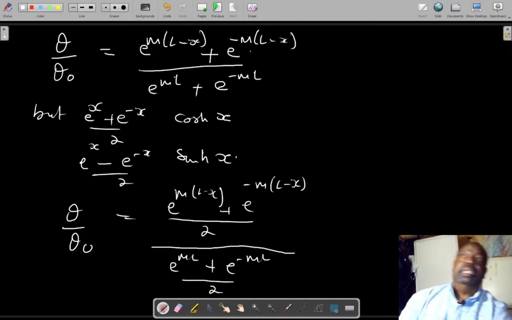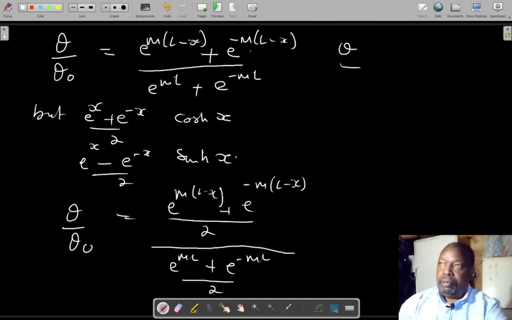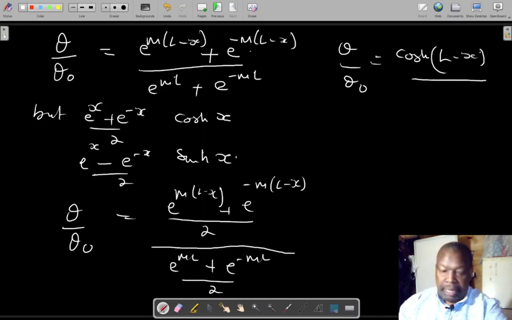And you can see that theta over theta naught is equal to cos hyperbolic of (L minus x) divided by cos hyperbolic of mL.